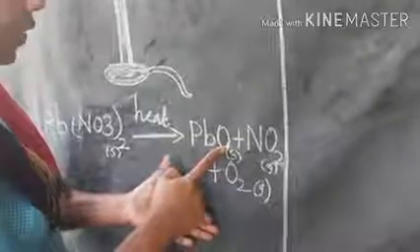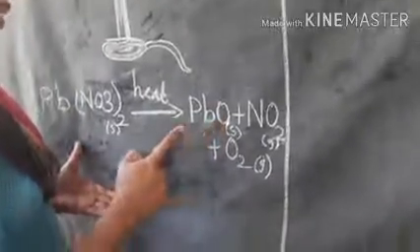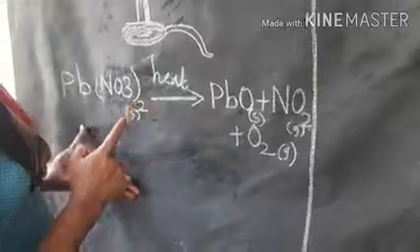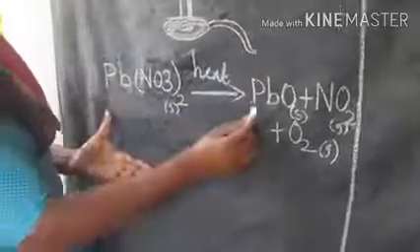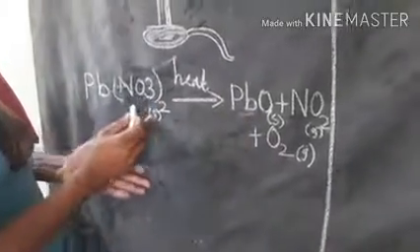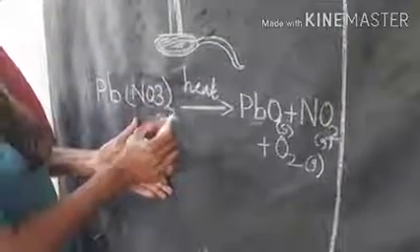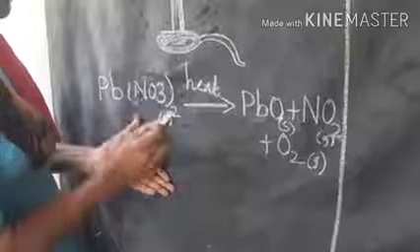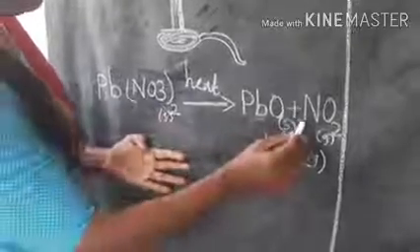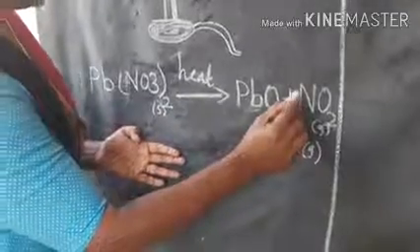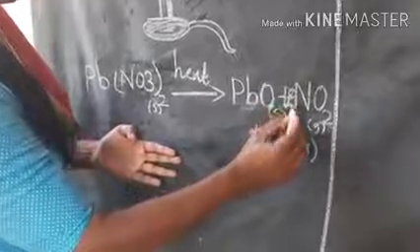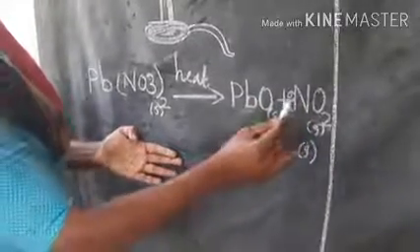Okay, now we have to check whether the equation is balanced or not. Let us see. Pb 1, Pb 1. Now, NO3 twice, so nitrogen is 2. And here nitrogen is 1. So, I am putting 2 in front of nitrogen dioxide. Nitrogen is 2.